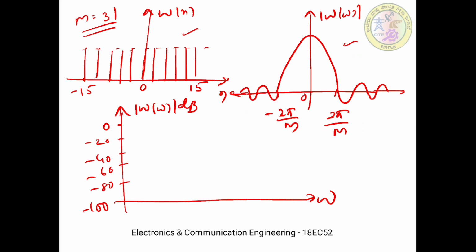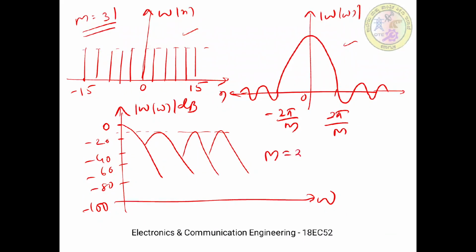So now in the dB scale the response is somewhat like this: second ripple, third, fourth. This is particularly plotted for m is equal to 31.